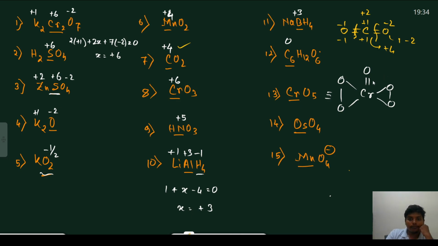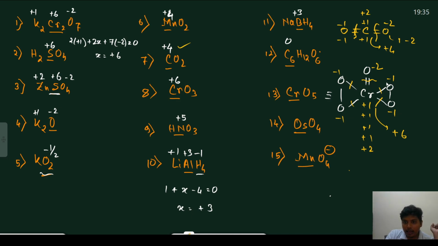Similarly, we'll break here. Break one bond: oxygen -1, chromium +1; another bond +1, -1; another bond -1, +1; another bond -1, +1. And if I break these two more, -2 and +2. So overall oxidation state will be +6. So in CrO5, oxidation state of chromium is +6. Chromium can maximum show +6.